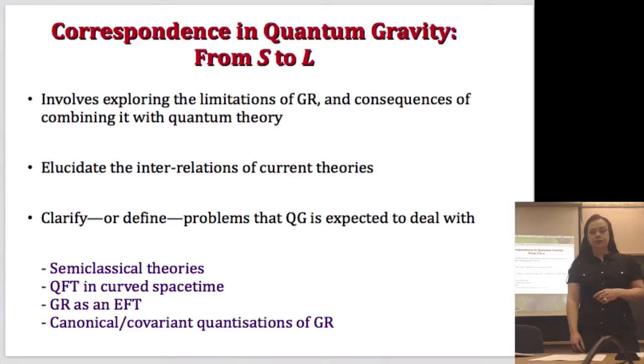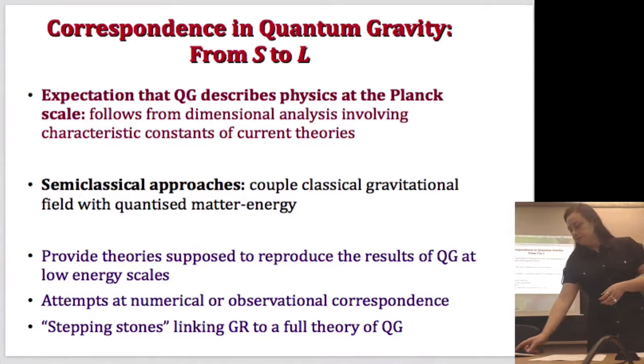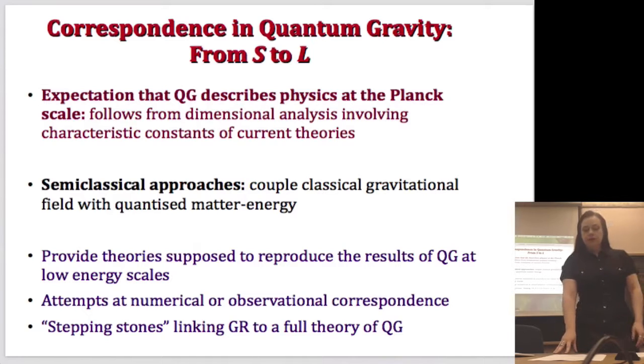So there are several different approaches: semi-classical theories, though there are some of these that go the other direction, quantum field theory in curved space-time, the treatment of general relativity in the framework of effective field theory, and also quantizations of general relativity. So one of the big results of this kind of exploration is the expectation that quantum gravity describes physics at the Planck scale. This obviously follows from dimensional analysis using the constants of our current theories.